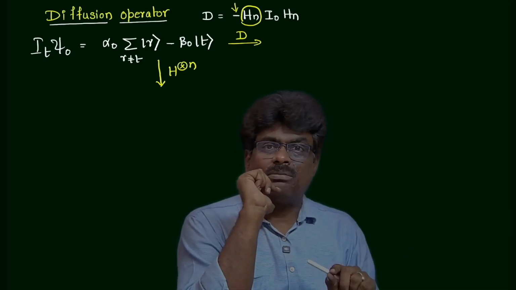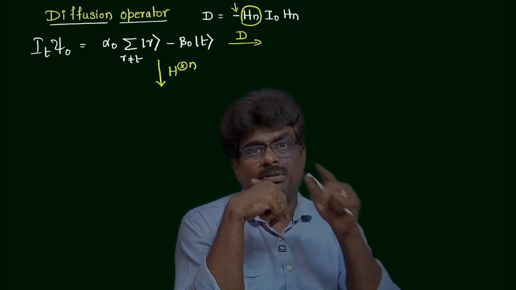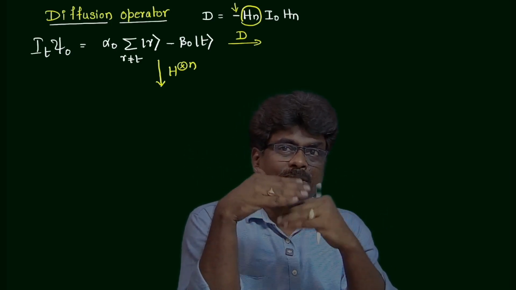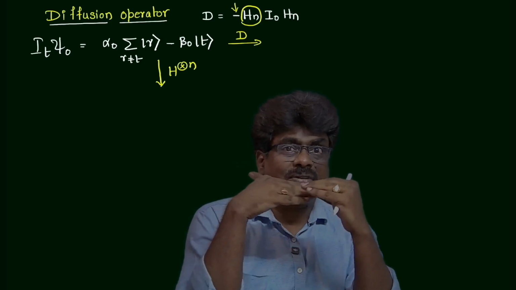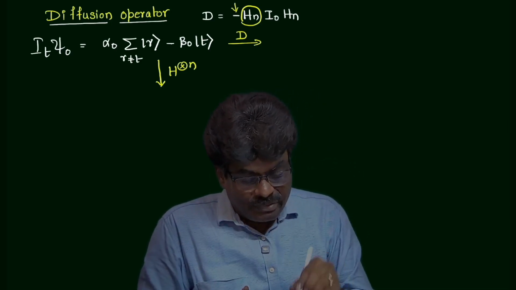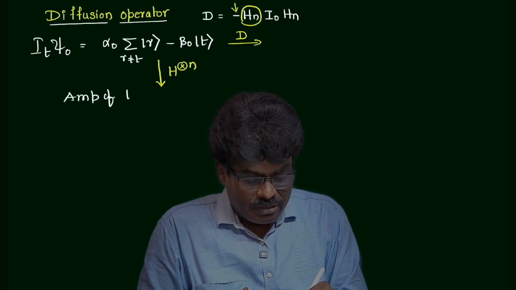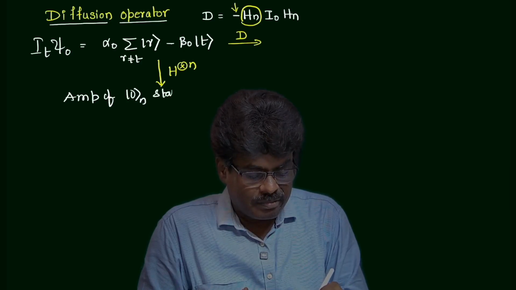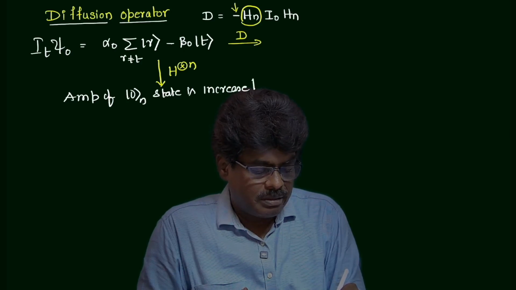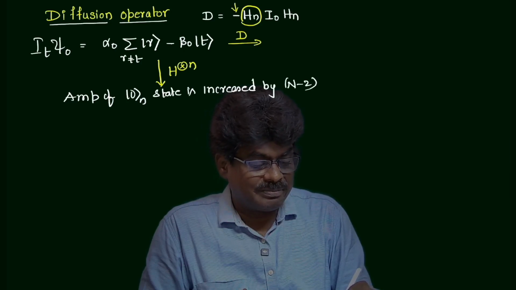In the example you will understand more clearly. And the remaining states' amplitudes become 2 times. Capital N is very large actually. That's why the amplitude of that zero state, the first zero state amplitude, is increasing. That's the beauty. So here, after this Hadamard operation, the amplitude of the zero state is increased by N minus 2.